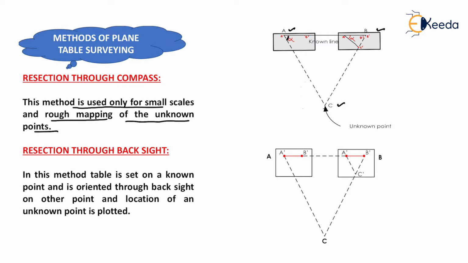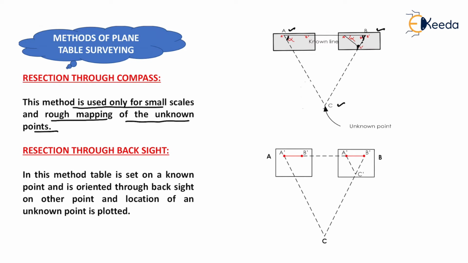Now we keep the same plane table on station B, and sighting from station B towards C, we plot a resector like this, and we can measure the angle beta with the help of the compass. The intersection point of both the resectors is station C. So in this way we can plot an unknown station by just using the compass and determining the angles.